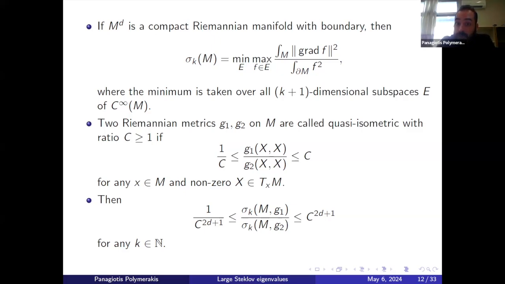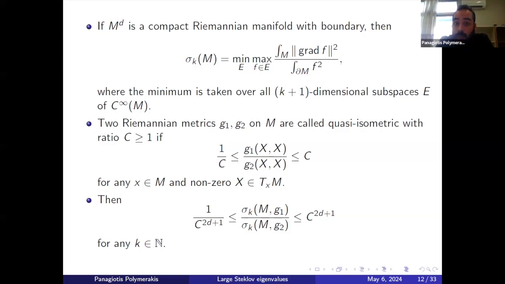Let's recall the min-max characterization of eigenvalues. So suppose that we have a compact Riemannian manifold M of dimension p, then the k plus 1 Steklov eigenvalue of M is given as the minimum over all k plus 1 dimensional subspaces of the space of smooth functions of the maximum over the subspace.